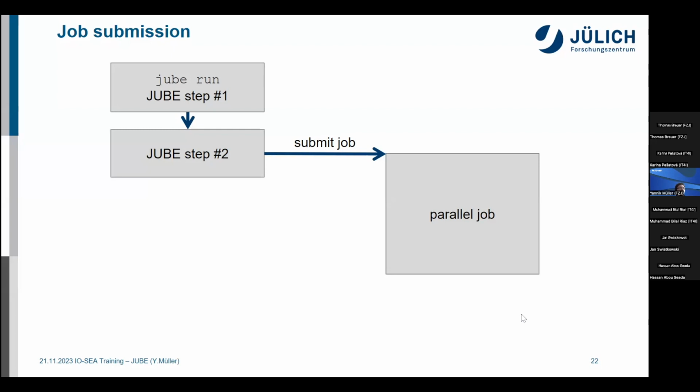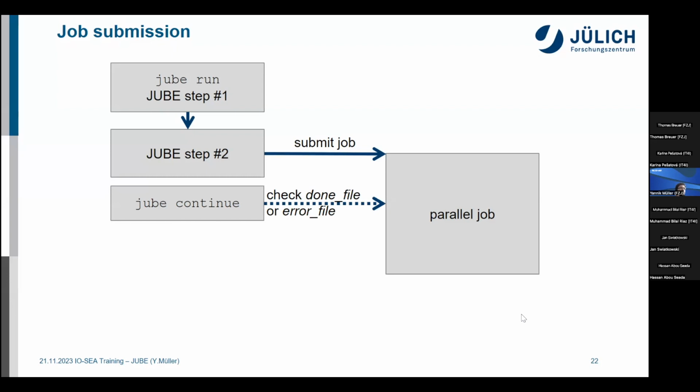So this is basically what I just described in a chart. The first step was not asynchronous, so it is always either finished or crashed at the end. But the second step is asynchronous, so it's submitting a job, and we don't know exactly when this job is done.